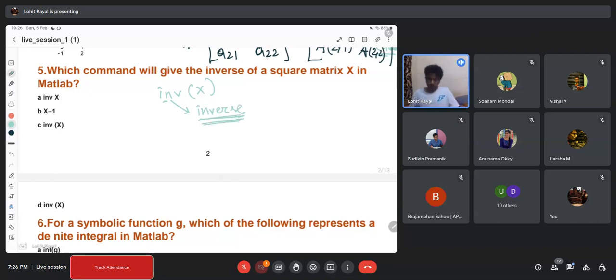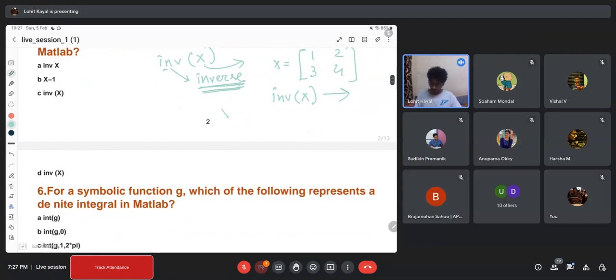This will be valid only when X has a determinant, or X is non-singular. Suppose you have a matrix like this, 1 2 3 4. It is a good matrix because its determinant is non-zero, so it will have an inverse. If you write inv(X), it will show you the result.